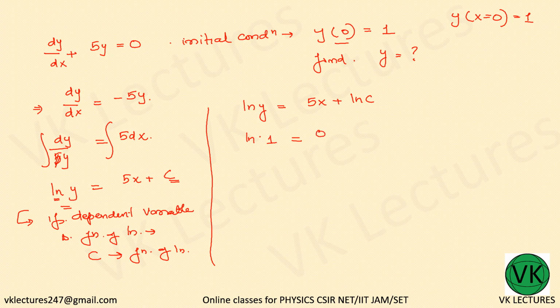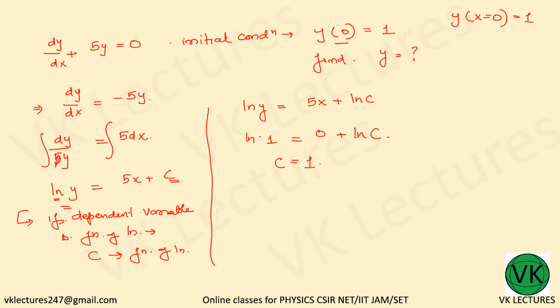So 5 times 0 is equal to 0, and this is plus log c. Now log 1 equal to log c means c equal to 1.